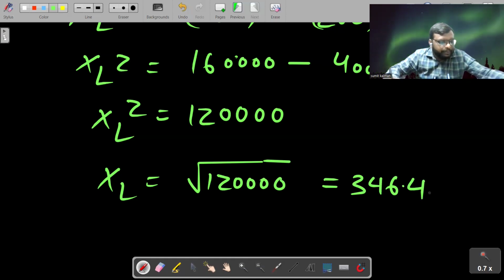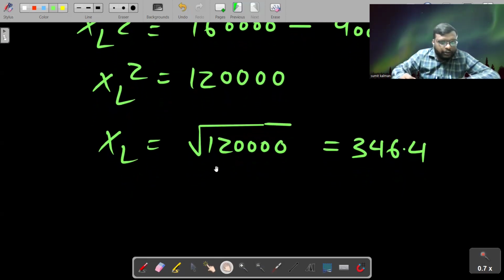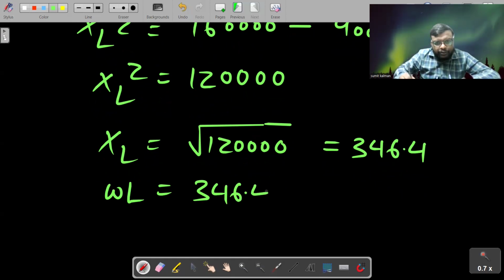And students, here, as we all know, XL is given by omega L, and it is equal to 346.4.